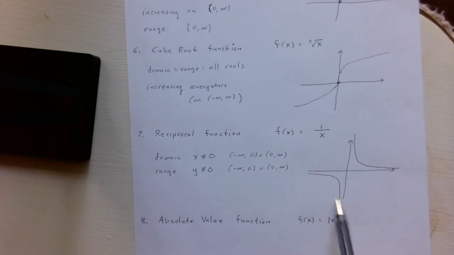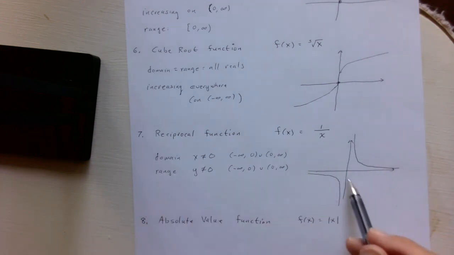We can see it's decreasing, but we have to be a little careful. We can't say it's decreasing everywhere. We say it's decreasing from here to here. So what's here to here? That's from minus infinity to 0. And then it's also decreasing from 0 to infinity.